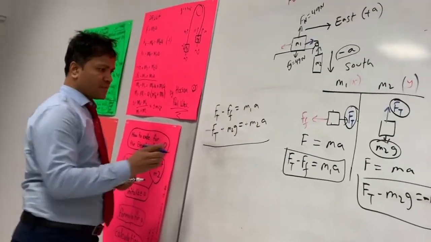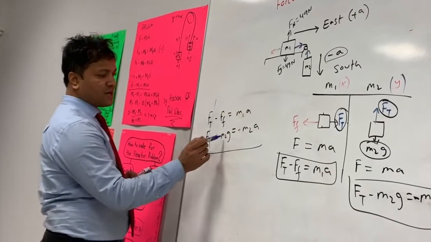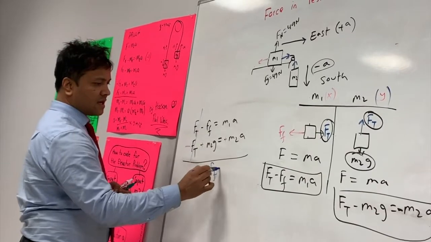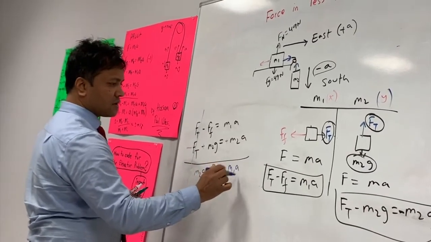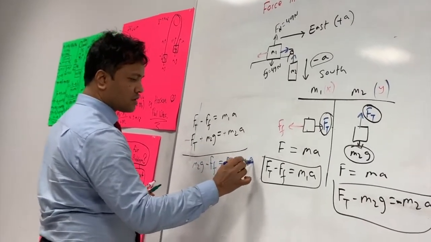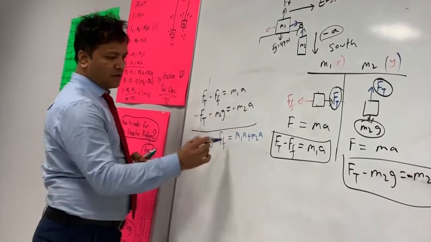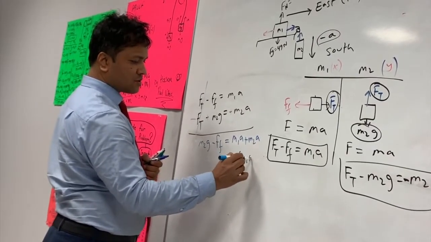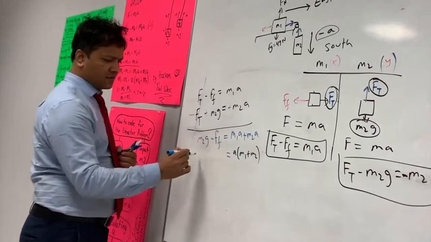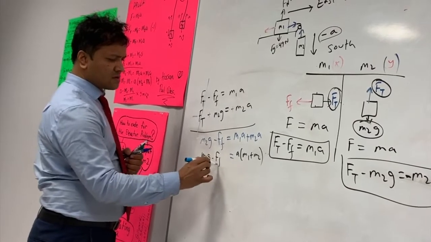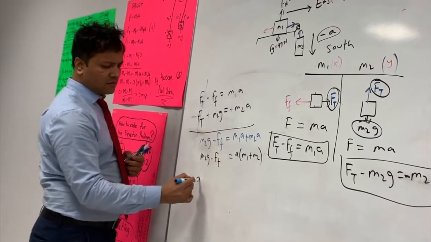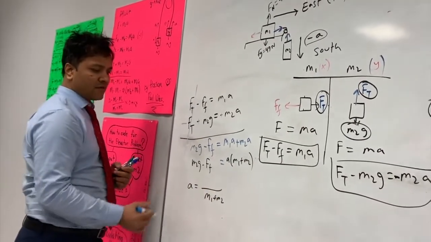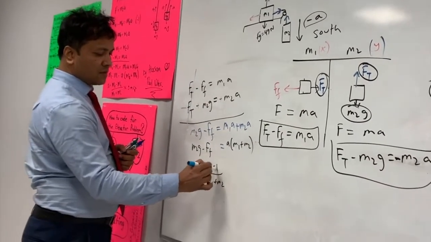Look what happened, the Ft cancels. I'm going to write the positive term first, M2G, and then minus FF, equal to M1A plus M2A. Now I have the common factor A, times M1 plus M2, and here M2G minus FF. So I will solve for A, because that's what we do to get the acceleration: M2G minus FF over M1 plus M2.